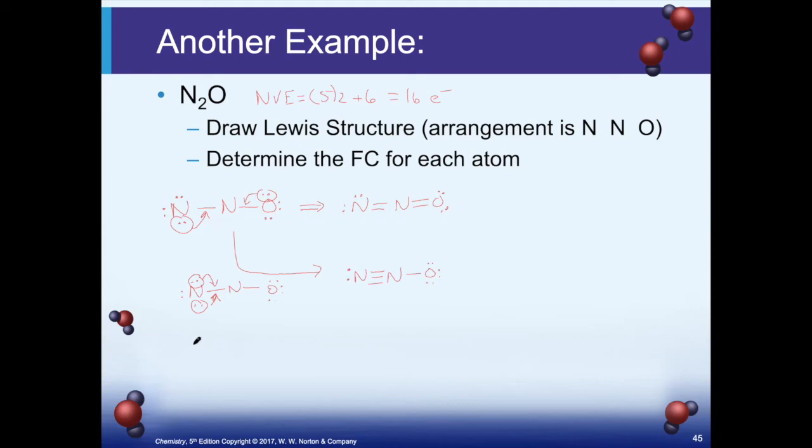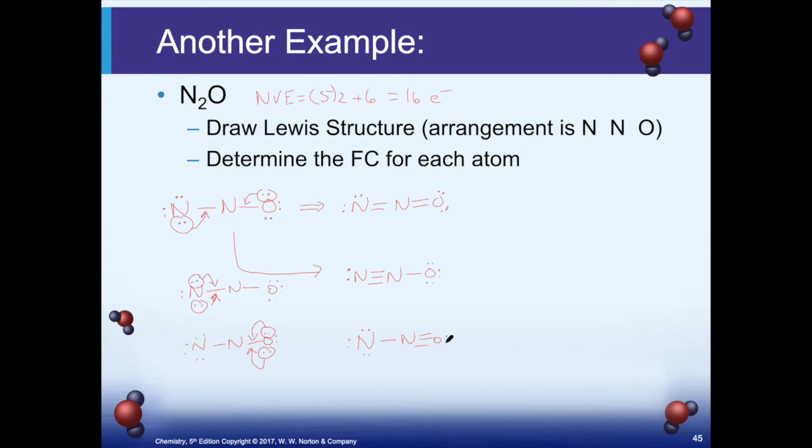The other way that I could do it, back again to my original Lewis structure, I could essentially do the same thing with the oxygen. I could have these lone pairs on the oxygen transform into multiple bonds with this nitrogen. So that would result in a nitrogen and a triple bond with the oxygen.